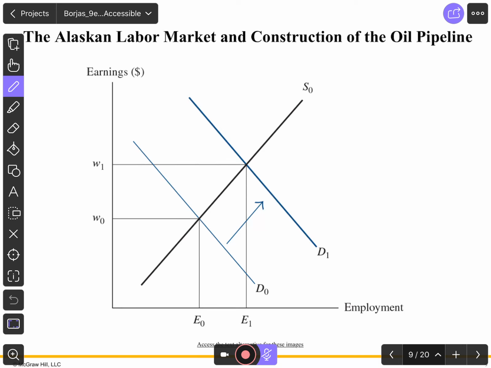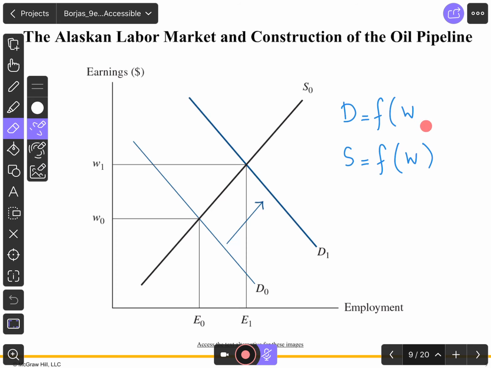There can be other factors that lead to a shift in the demand curve or the supply curve. So you can write the demand for workers by the firms as a function of wages or earnings, and also the supply of workers is a function of wages. But we can also list, besides the wages, other factors, right?